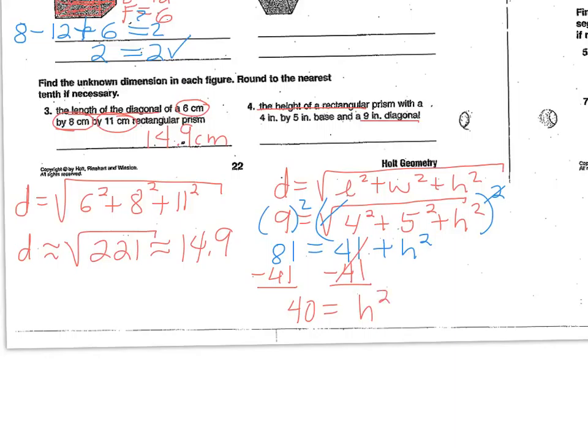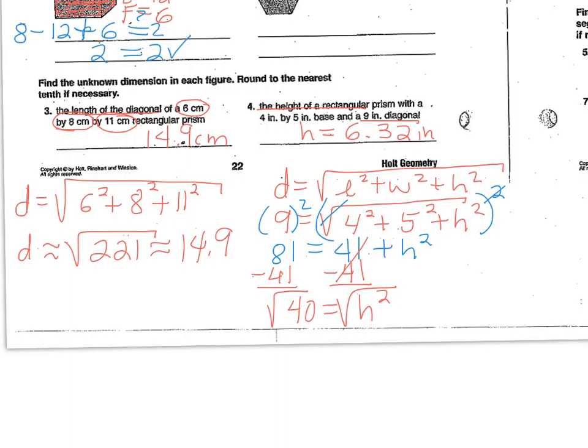And then you get the square root of both sides, right? So approximately the square root of 40 is 6. That's it. So the height is 6.32. And the unit of measure is inches, and that's it, okay? So any questions about finding the diagonal or finding the height? So far so good? Okay.